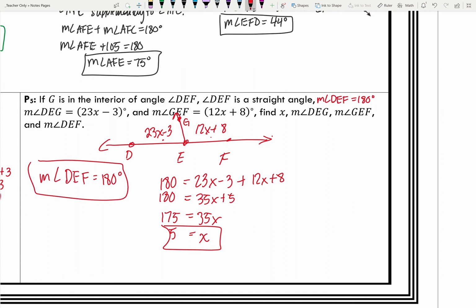So plug in x to find DEG and GEF. The measure of angle DEG is equal to 23 times 5 minus 3. Plug that all in our calculator, and we get that the measure of angle DEG is equal to 112 degrees.